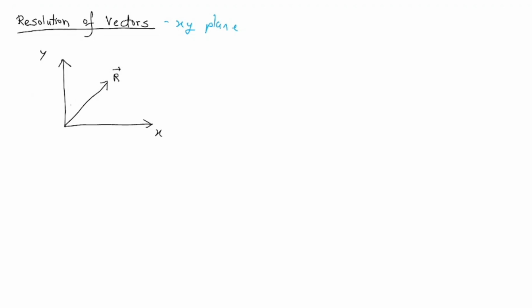That means whenever there is a resultant, we should also be able to break it into the x and y components. Now assuming this is r, this is x, r is the hypotenuse. Let this angle be theta.